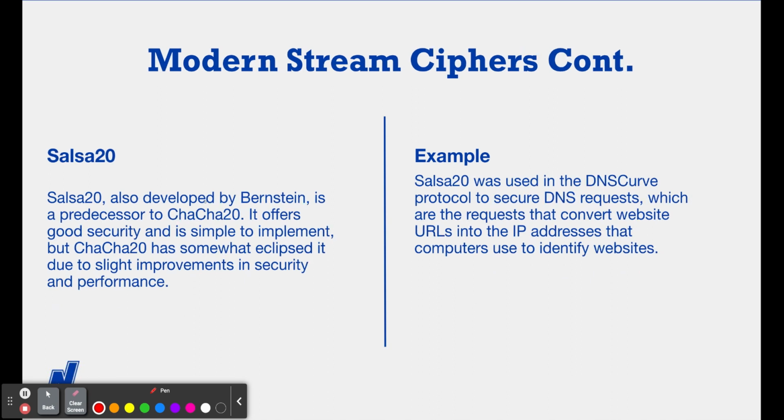Next, we're going to be talking about Salsa20. This was also developed by the same person, Bernstein, and is another modern stream cipher known for good security and simplicity of implementation. Despite being somewhat overshadowed by its successor, ChaCha20, due to minor enhancements in security and efficiency, Salsa20 is still notable.